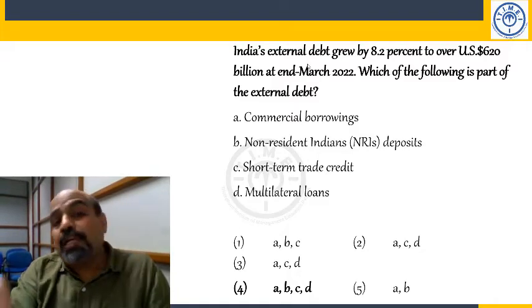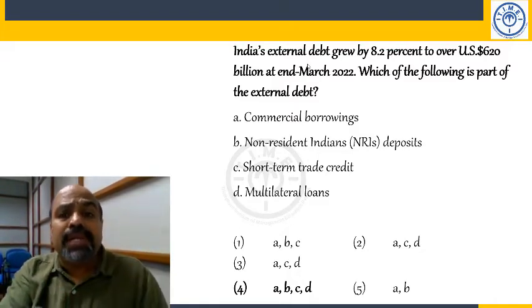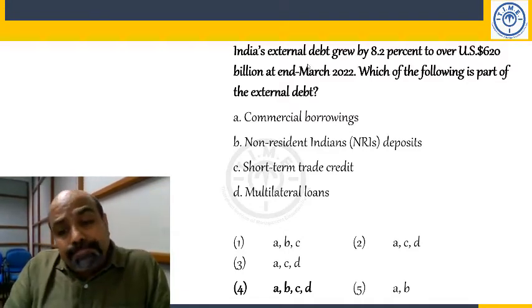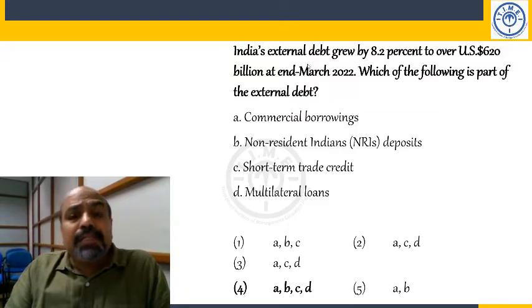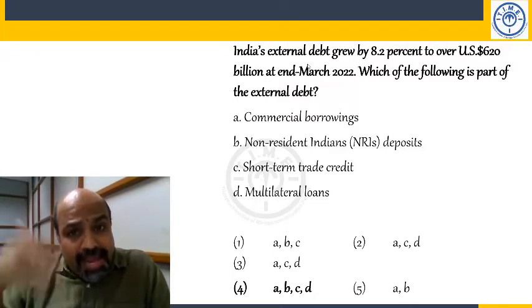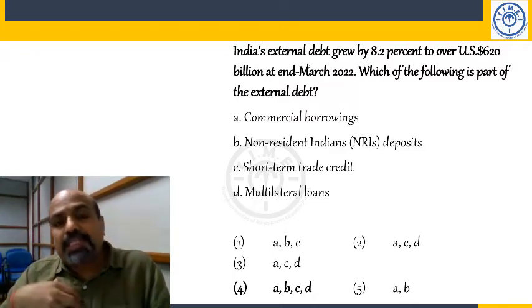And total NRI deposits in India today are about $159 billion. So money that is borrowed has to be repaid. In essence, companies have borrowed, they have to repay. Banks have attracted depositors from foreigners, Indians living abroad.